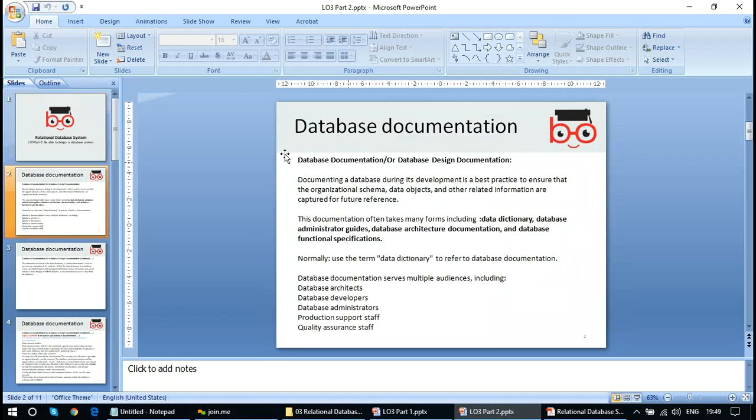Now, database documentation. Documenting a database during its development is the best practice to ensure that the organizational schema, data objects, and other related information are captured for future reference. So this includes the data dictionary, database administrator guides, database architecture documentation, and database functional specifications.